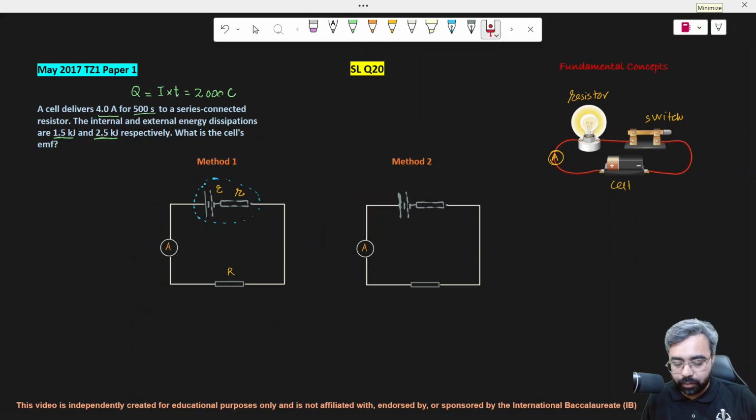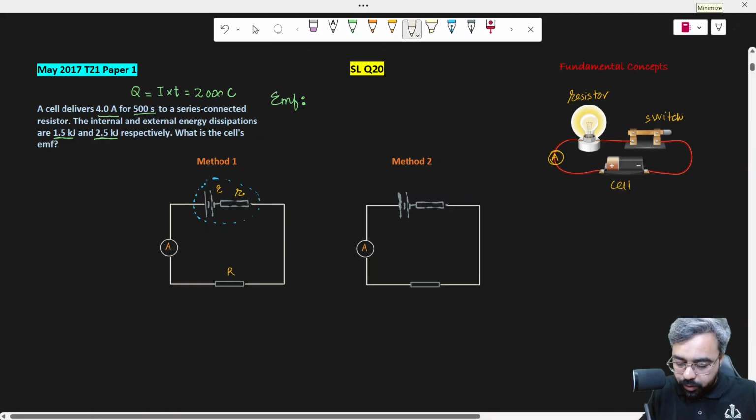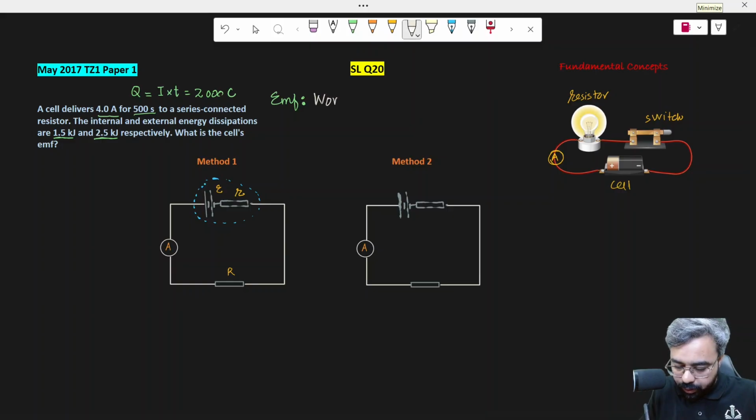And how can you find the cell's EMF? We should first know what EMF means. The EMF is the work done per unit charge.